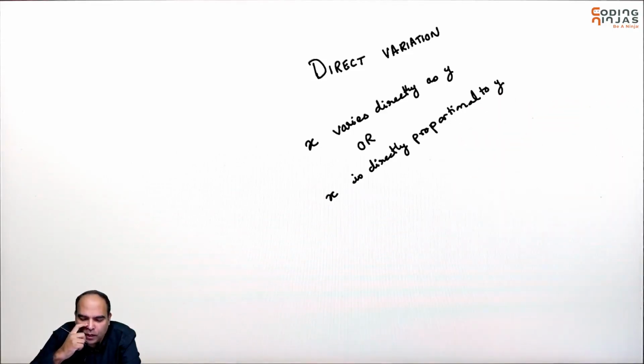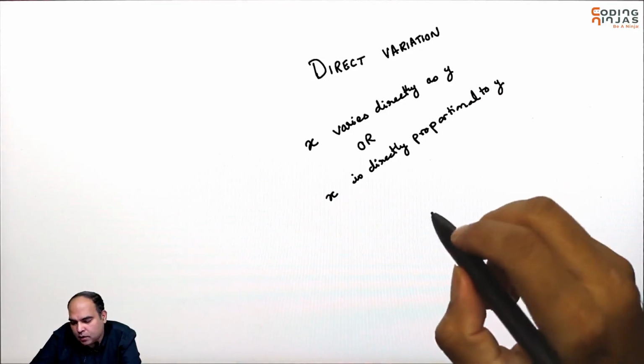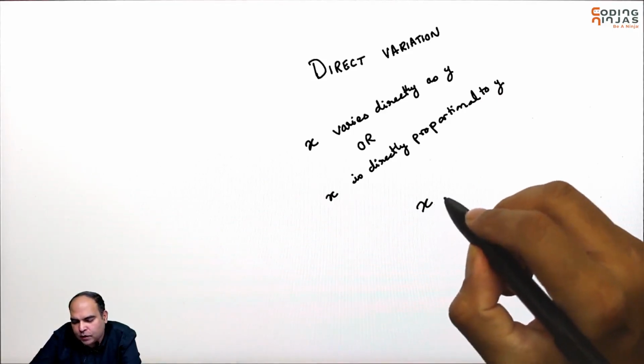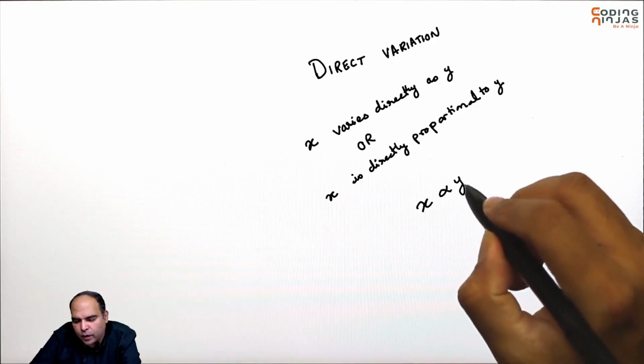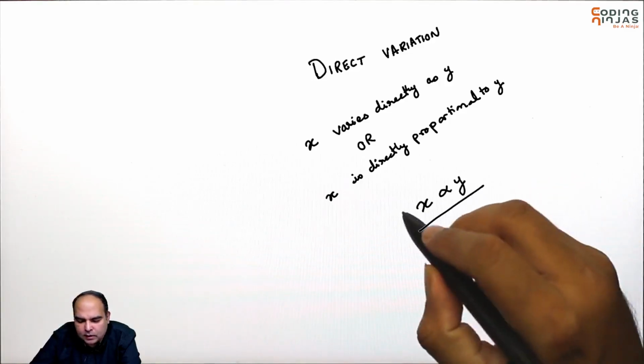In both scenarios, the mathematical notation for this, x varies as y, is shown in this form.